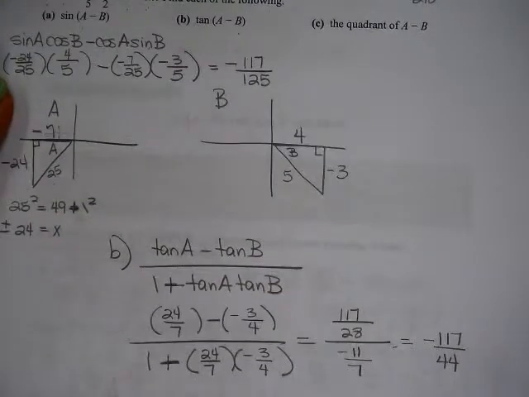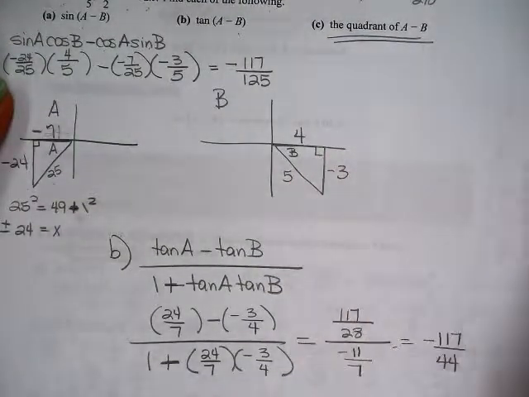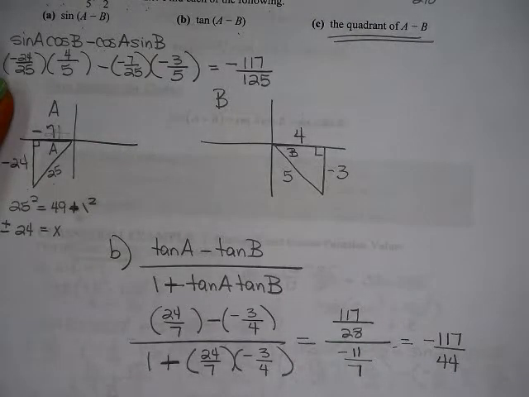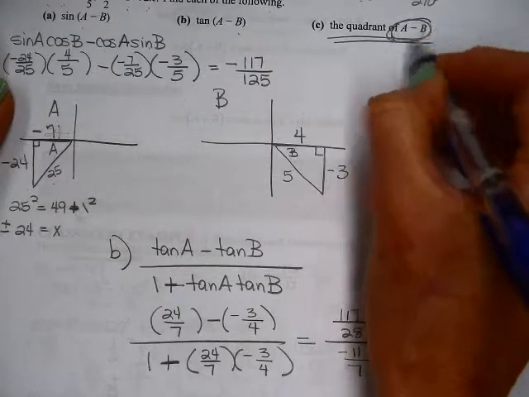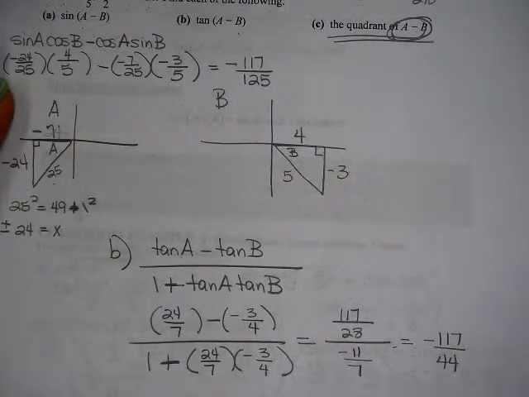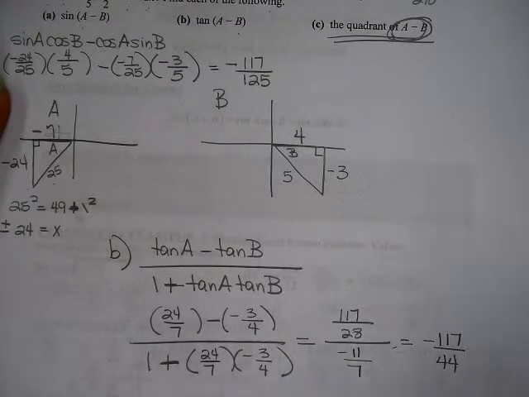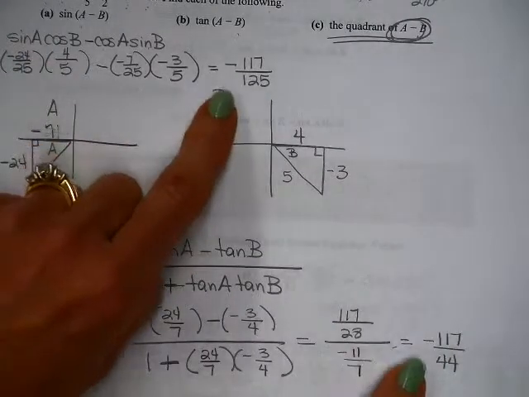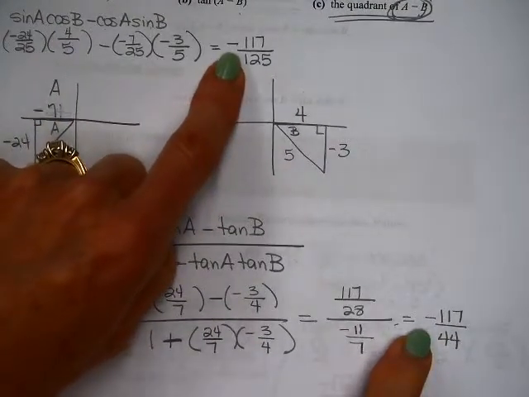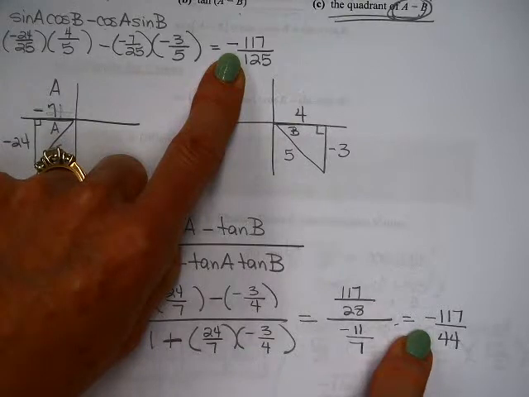One last question. A thinking question. Where is angle A minus B? What quadrant? Don't guess until you have looked at what you've got. You're going to determine the quadrant of A minus B by looking at the positive and negative signs of these functions.